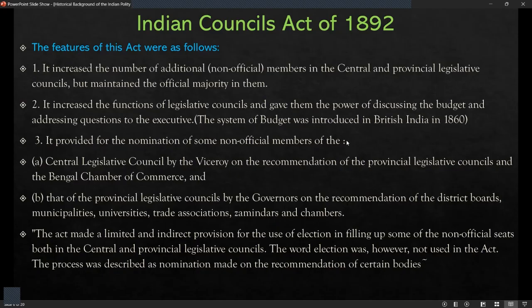Just like yesterday our union budget came, this system was introduced by the British in India in 1860.